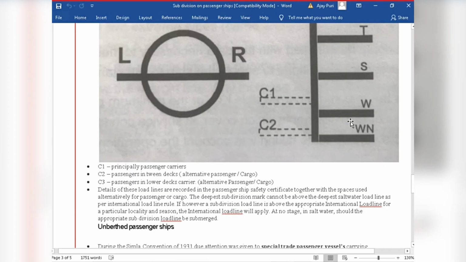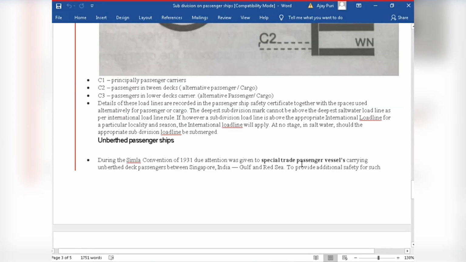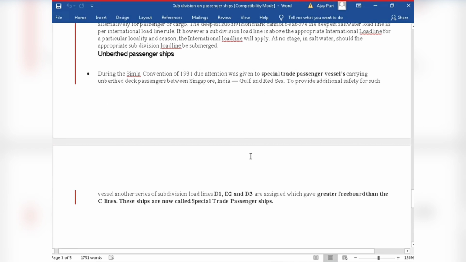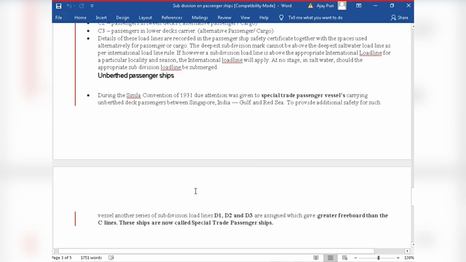So these are your C1, C2, C3, that is for principal passenger carriers, passengers in twin decks, passengers in lower decks. Then you have a further C3. Now, what are unberthed passenger ships? So you have special trade passenger ships where another kind of subdivision is used for Indian vessels.